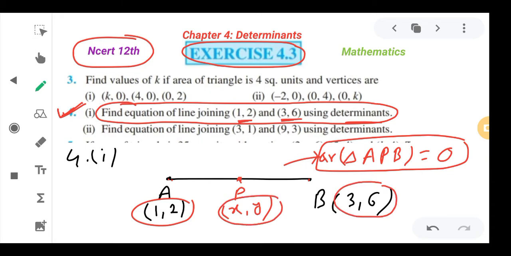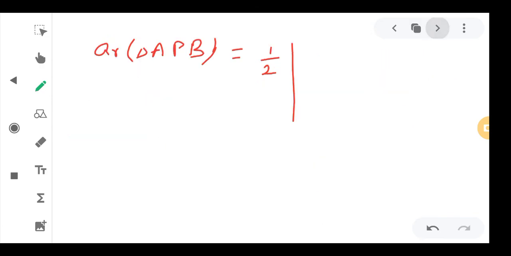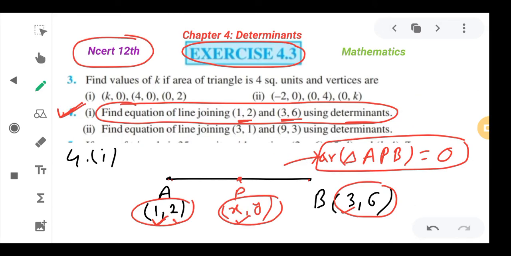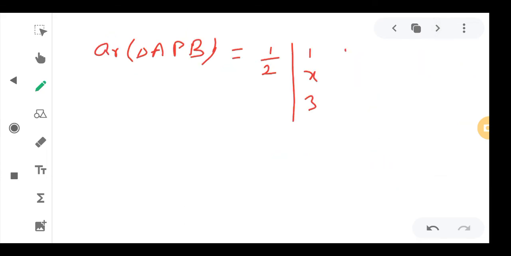So taking the x coordinates, 1, x, 3, our first column will be 1, x, 3, and the second column will be the y coordinates, 2, y, 6, and the third column 1, 1, 1.